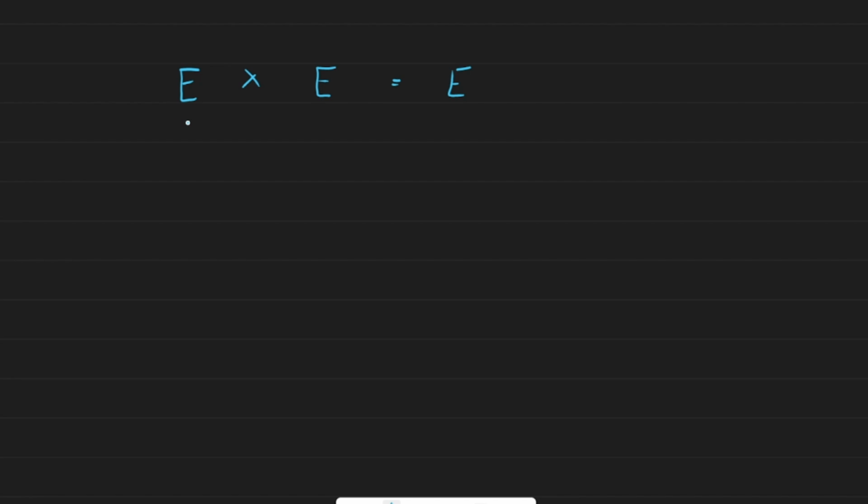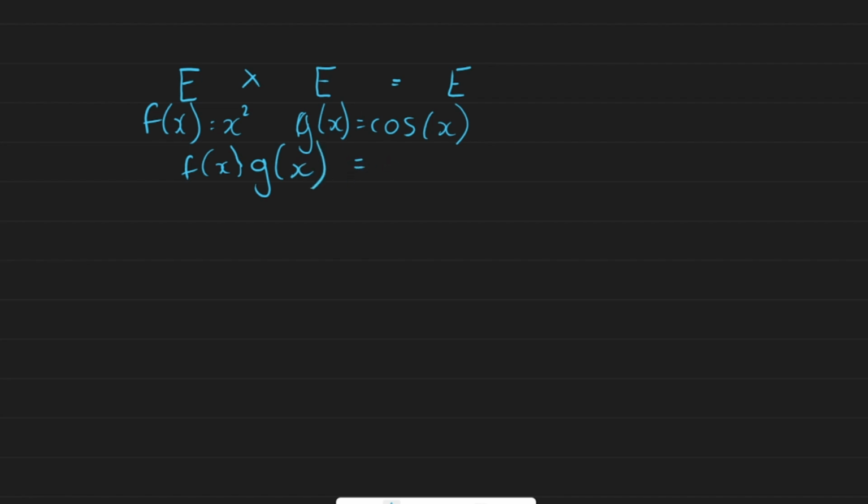So for example, we can have f of x equal to something like x squared, and then we can have g of x equal to cos x. So if we take f of x and multiply it by g of x, then we get x squared cos x, and this is an even function.